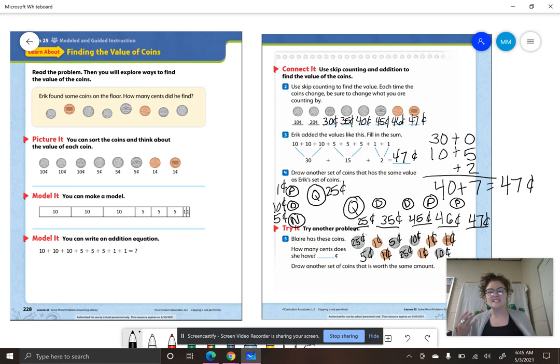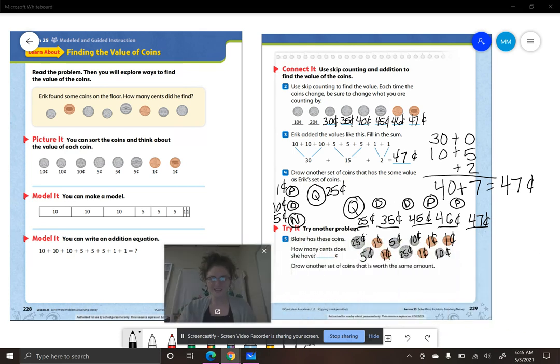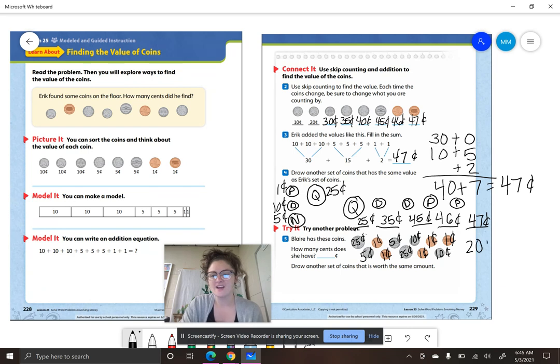All right, Smarties, now I need to find the value of these coins. So here's what I'm going to do. I am going to move myself right here, and I am going to group these coins. So I'm going to start with my quarters, 25. And to make sure I don't make any mistakes, I'm going to show the value of those digits.